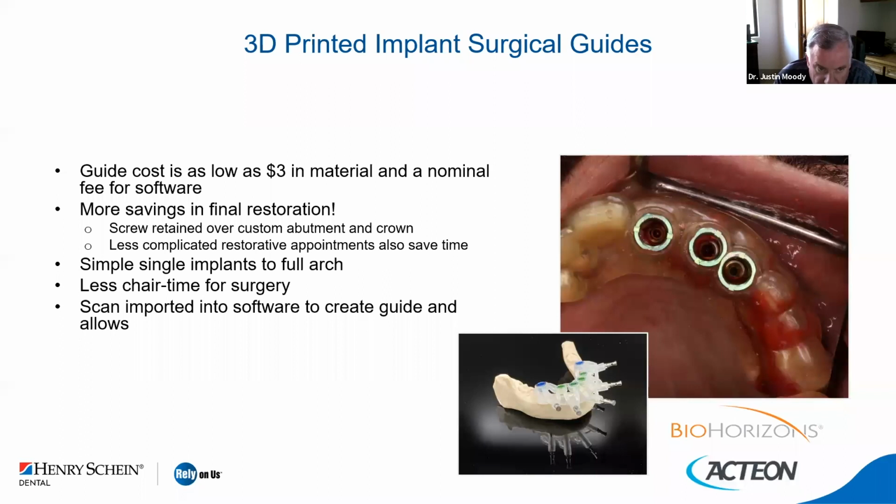And one of the important things to remember with surgical guides is that surgical guides are implant manufacturer specific. On the right, you'll see these are BioHorizons surgical guides with BioHorizons sleeves.